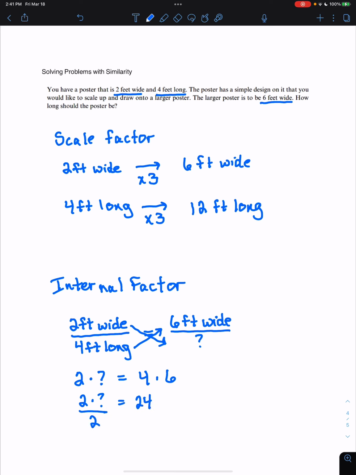Divide both sides by 2. And my question mark is 12. Now I can add back in my units, feet long. So 2 different ways to think about solving problems with similarity, but we end up getting the same answer for both parts of the problem.